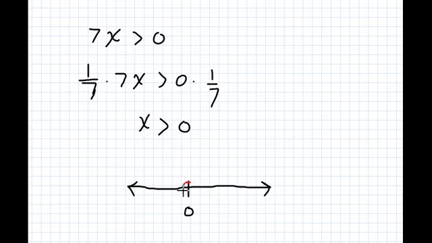So I'm going to put an open circle here, meaning we don't include the 0, but it's everything greater than 0. If we were to write this in interval notation, we would write it just like so. Remember, this parenthesis says that we don't include the 0 here.